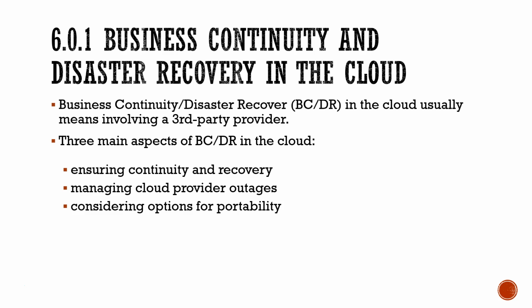Those outages could be from a flood, from a fire, from an earthquake, from any number of different types of events, catastrophic events usually. And also you have to consider options for portability, for being able to move to a new location if the old location is unusable.